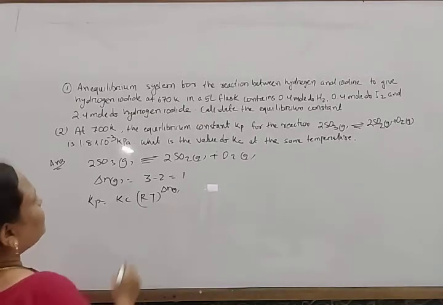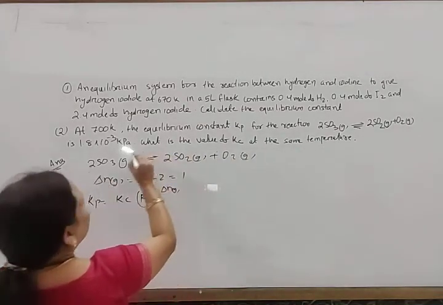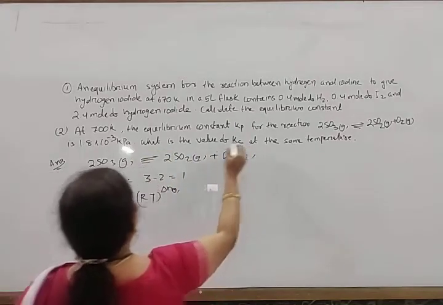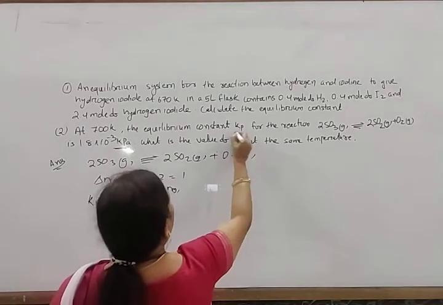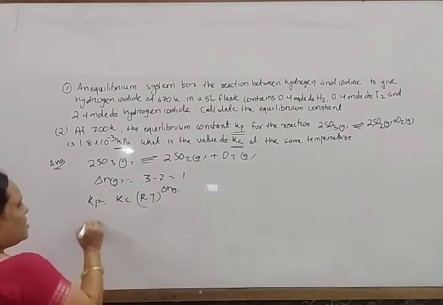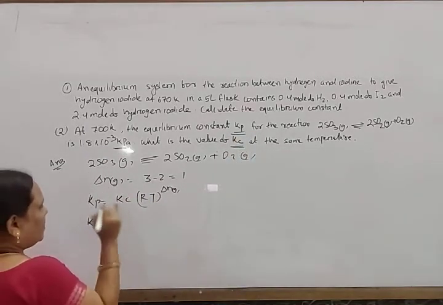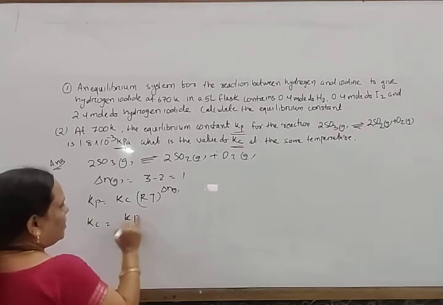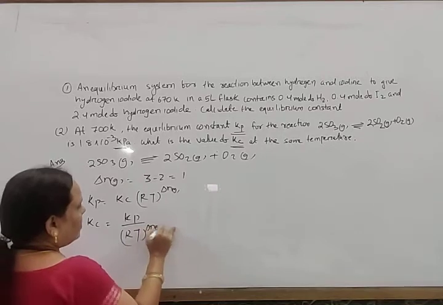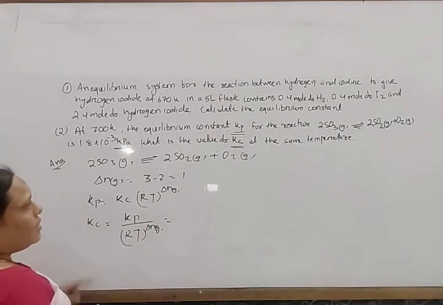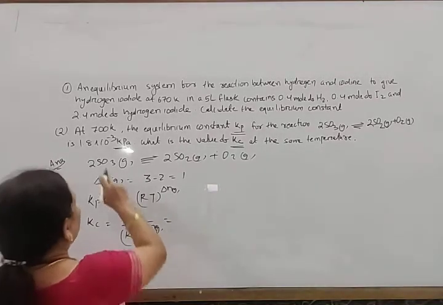What is asked is the value of Kc, and Kp is given to you. So Kc is equal to Kp divided by (RT) to the power del n. The Kp value is given.